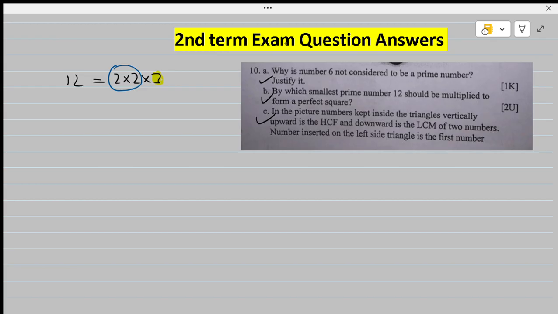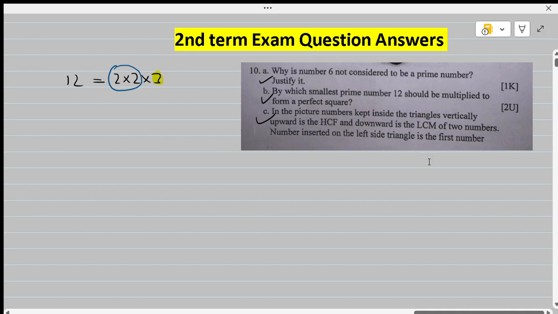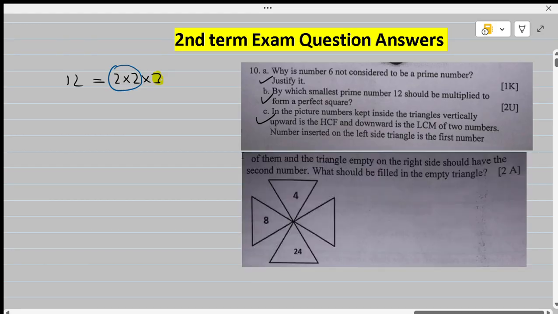In the picture, numbers are kept inside triangles. Wait, I need to show this diagram first. Okay, here one diagram is given.